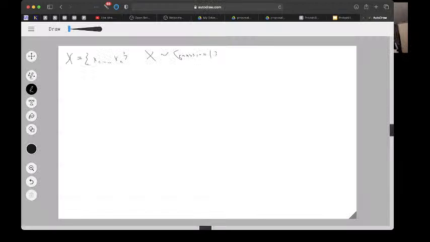So now the first step would be you have the likelihood. You have the likelihood of mu, your parameter, the mean, over your data set.